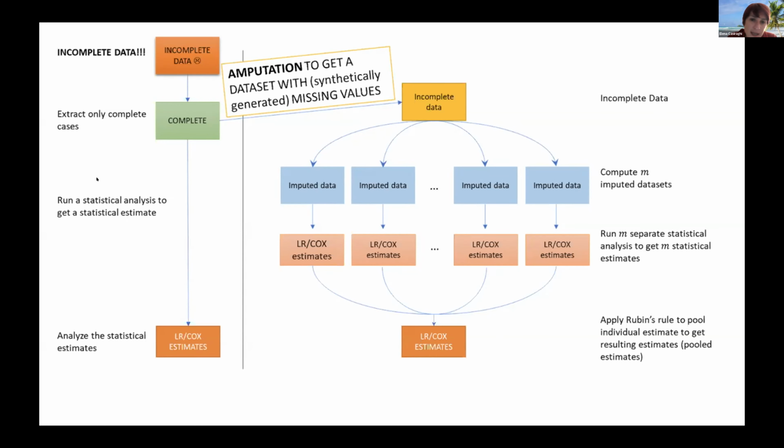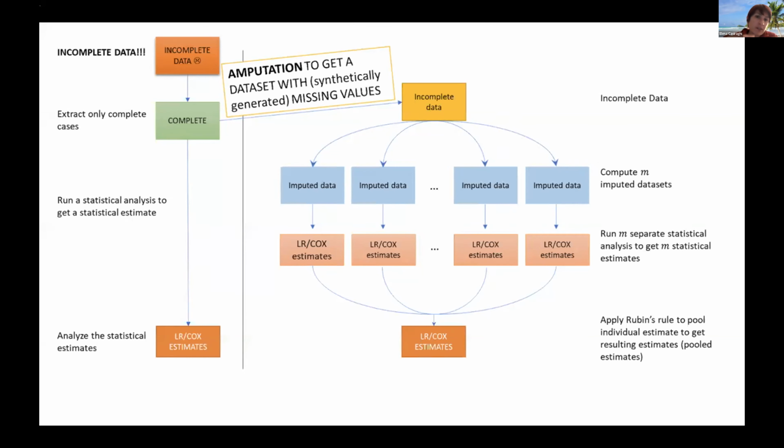But once I have my synthetically generated, also called amputated, data set, I can run my imputation pipeline. I can get my estimate for the imputation algorithm I'm testing. And now I can go with comparison: I can compare the estimate I got on the complete data set, the data set that just contained complete cases, to the estimate I got on the amputated data set.